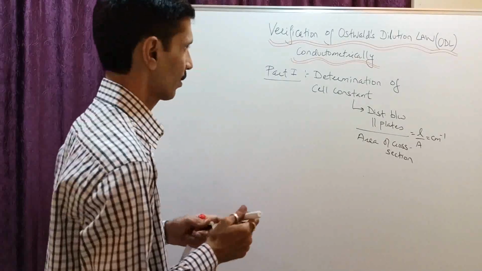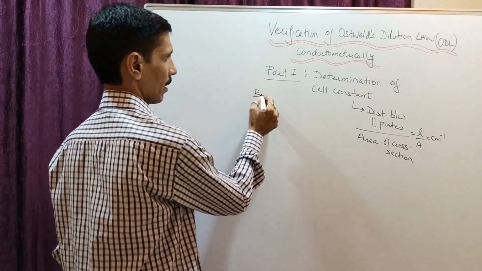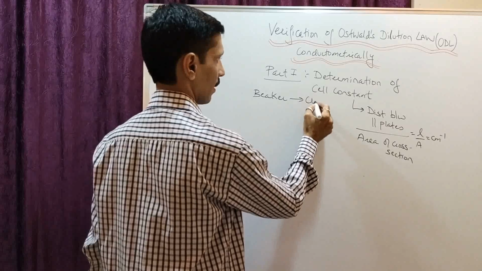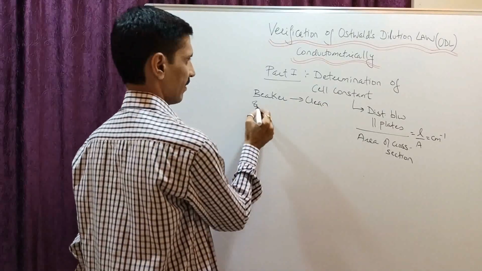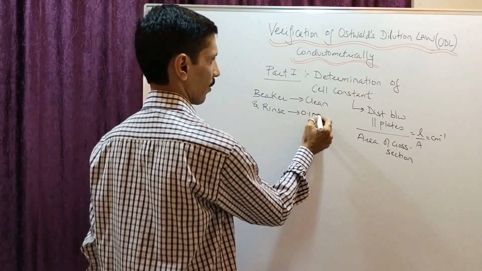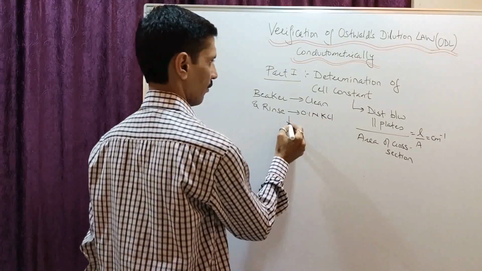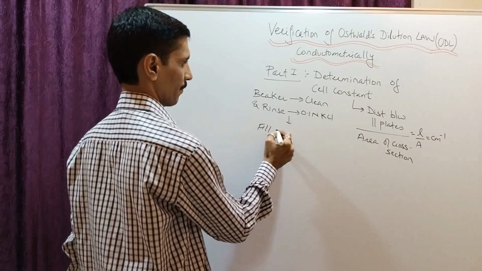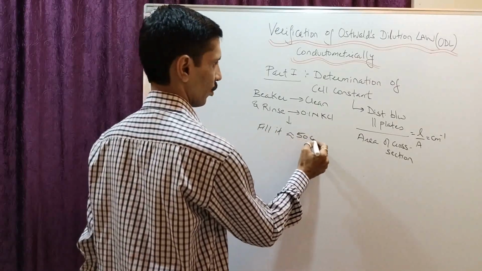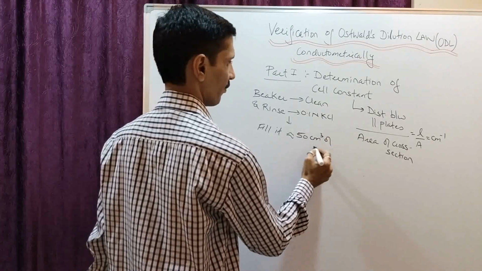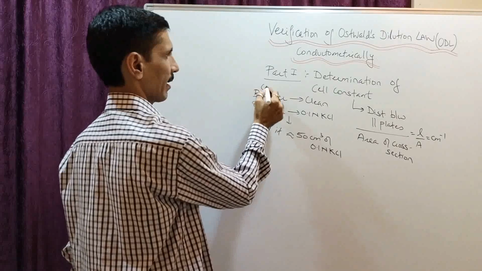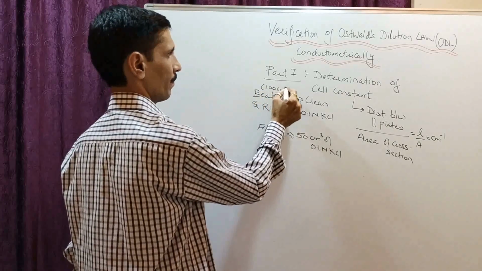So what we do is, take a very clean beaker, rinse it with some amount of 0.1 normal KCl, and then fill it with approximately 50 cm3 of 0.1 normal KCl if this beaker is around 100 cm3.